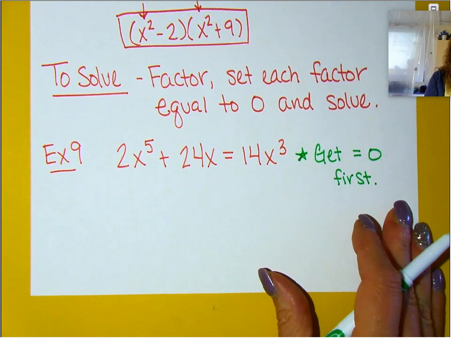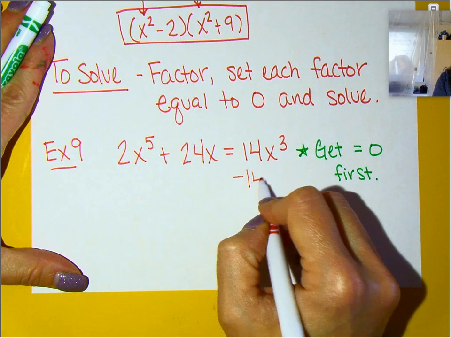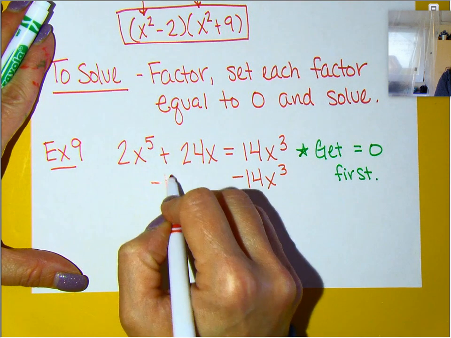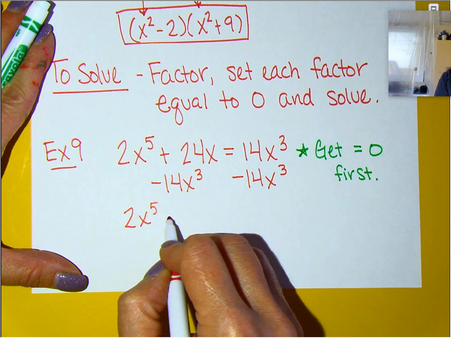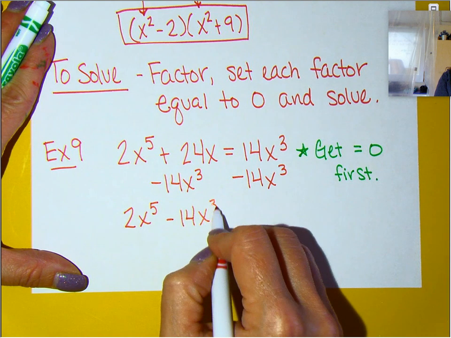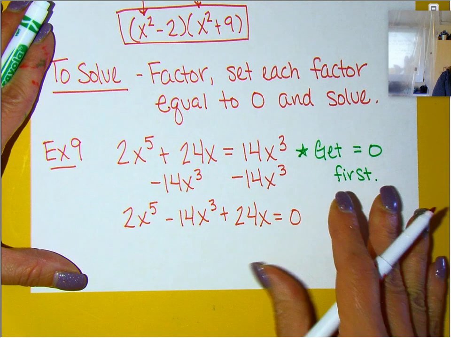That's always the first thing to do. So what should we do? Subtract 14. Yep, perfect. So 2x to the 5th minus 14x cubed plus 24x is now equal to 0.